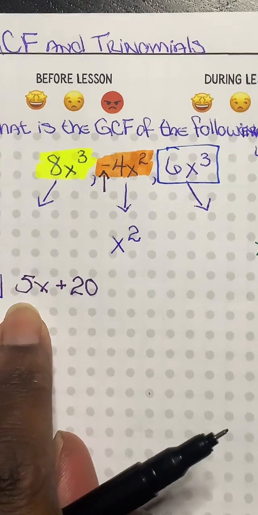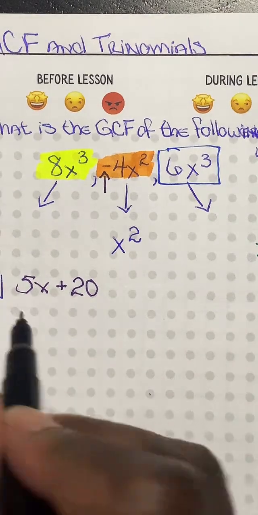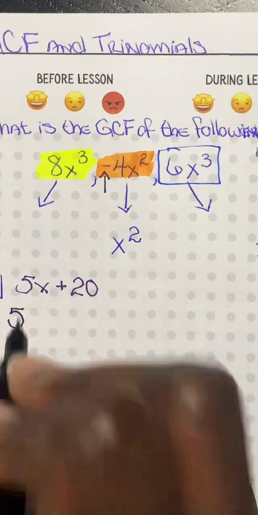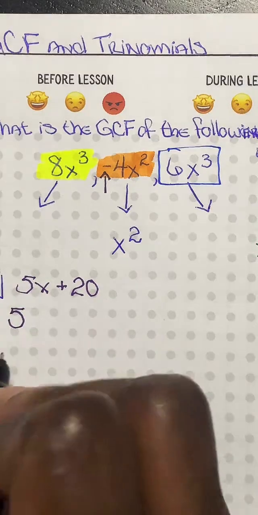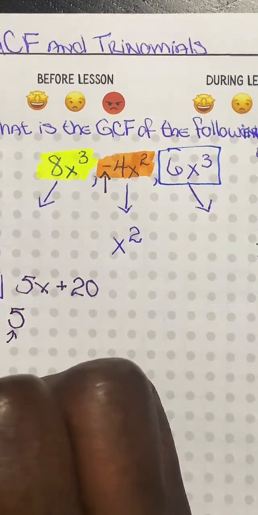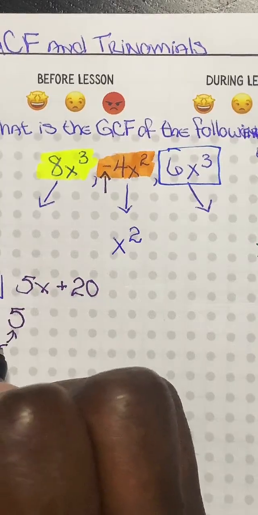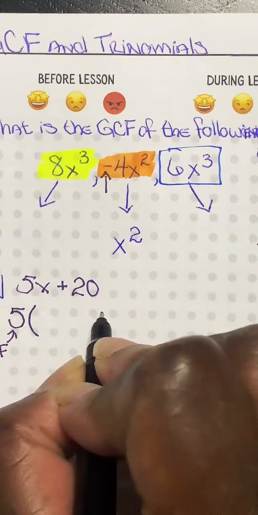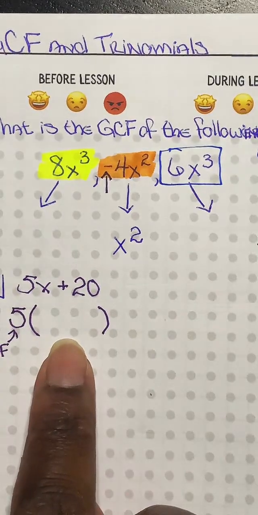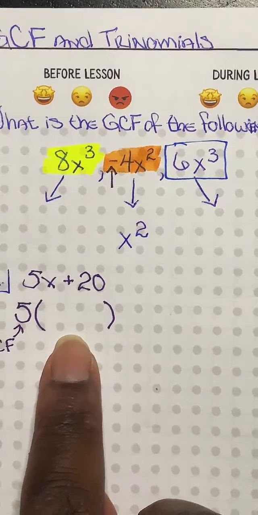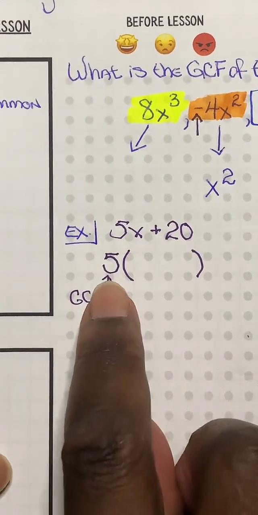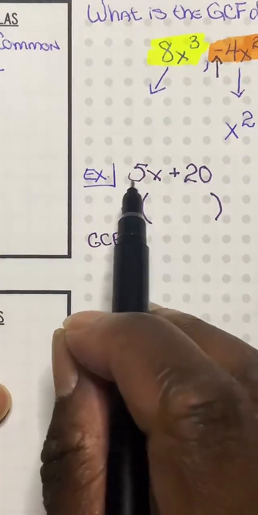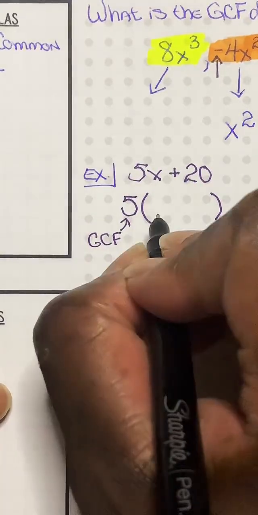All right. So we have 5x plus 20. So what do they have in common? They have just the 5. So this is going to be your GCF. So to see what remains, and what remains is going inside the parenthesis, you're going to take your original and divide it by your GCF. So if I do 5x divided by 5, that will give me x.